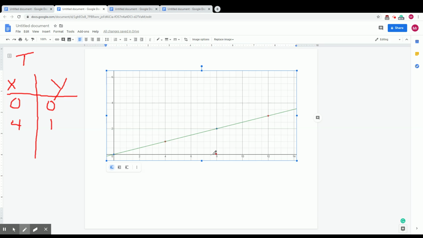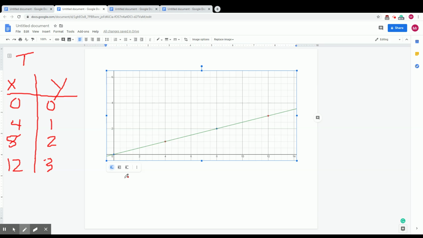Okay, over here my X is 8, and my Y is 2. Moving over here, X is 12, and my Y is 3. So those are my 4 points. Okay, so my table is done.